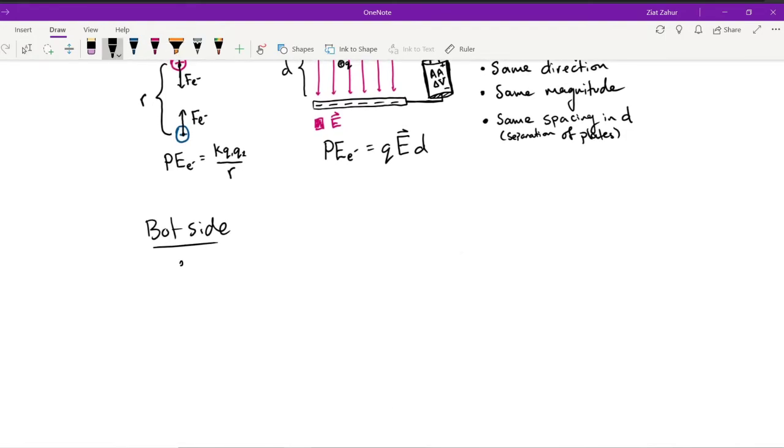Bullet point number 1. Work done to separate charges. I didn't spell it right. Actually, let me just type it.